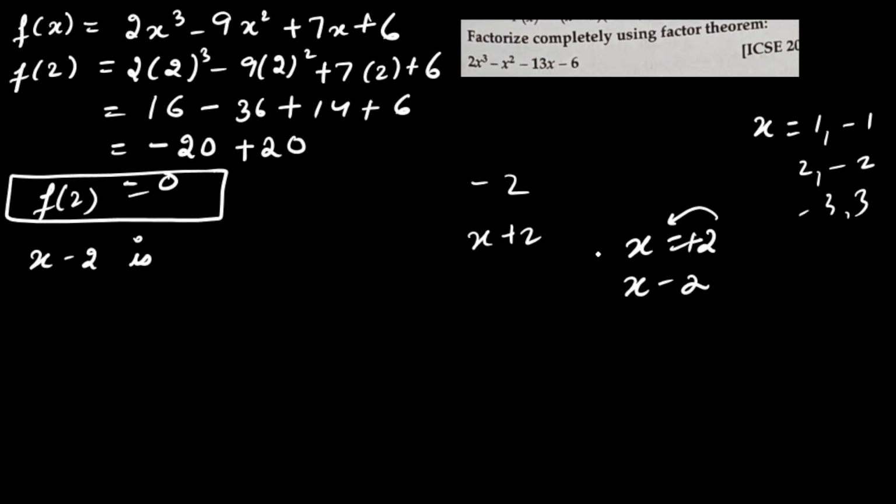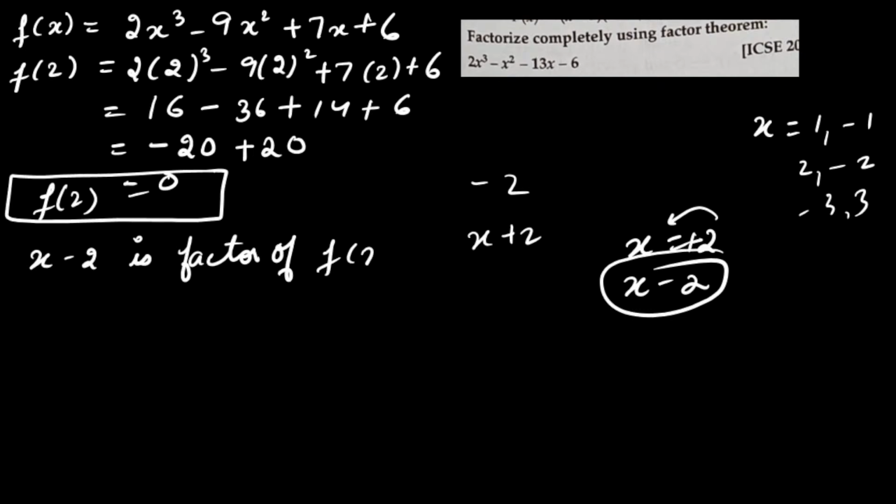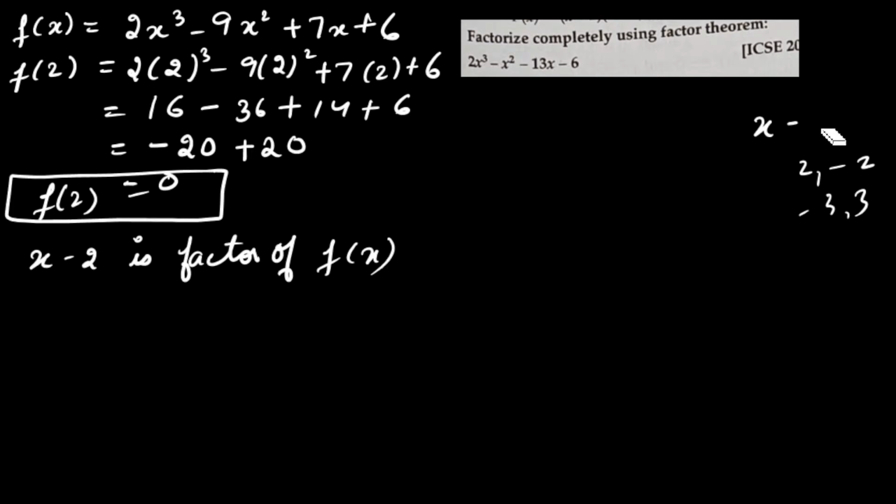So we found our answer 0 with x value equal to 2. That's why the factor is x minus 2. So x minus 2 is a factor of f(x). The first factor we found by trials. With different values of x we tried, and the value of x which we got was 2, so that's why x minus 2 is a factor.